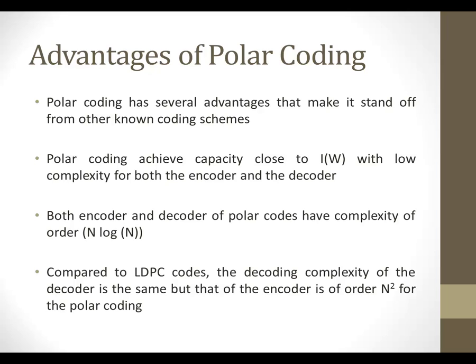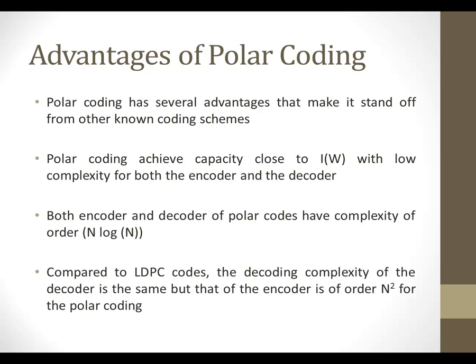Mainly the advantages of polar coding can be summarized as follows. First, polar coding achieves a capacity very close to I(W) with low complexity for both the encoder and the decoder. Also, the encoder and decoder of polar codes have a complexity of order n log n.